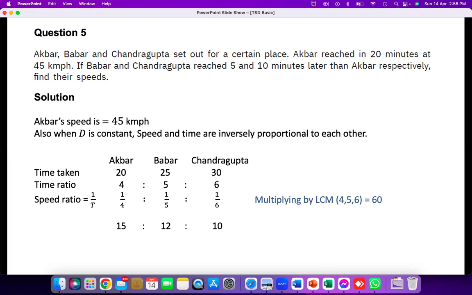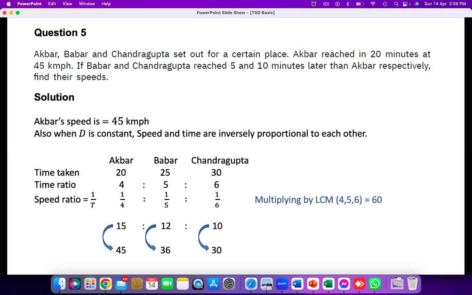Is this fine till here, Rahul? Yes, sir. Okay. Now, first one, Akbar. What is his speed? 45 kilometer per hour. So 15 corresponds to 45. What is the factor of multiplication? 3, right? So multiplication factor for Babur is also 3, and for Chandragupta is also 3.